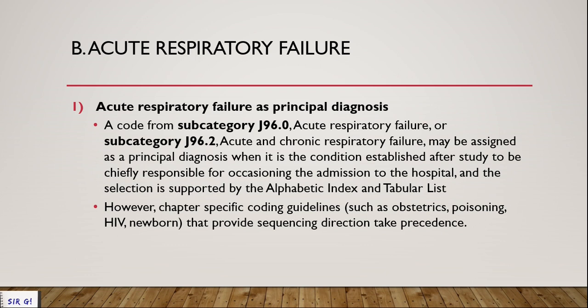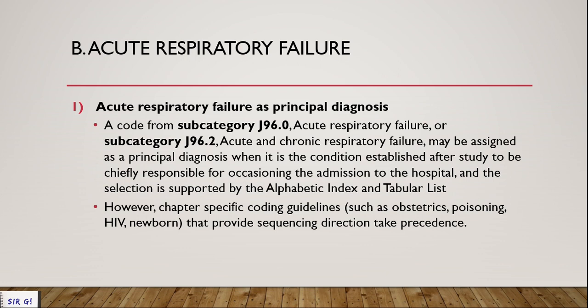So, acute and chronic respiratory failure may be assigned as a principal diagnosis when it is the condition established after study to be chiefly responsible for occasioning the admission to the hospital, and the selection is supported by the alphabetic index and the tabular list.